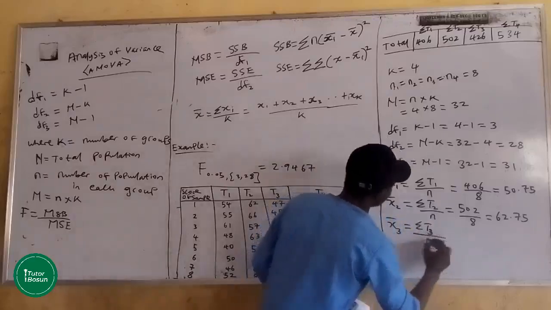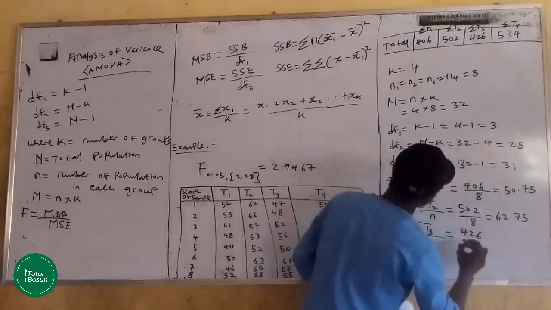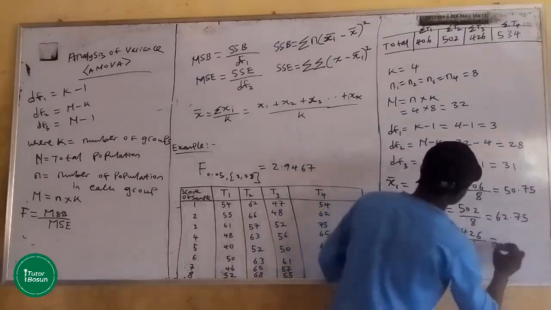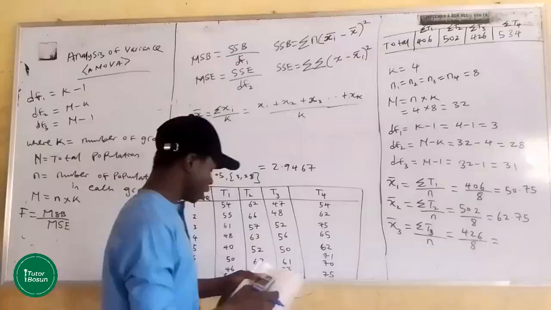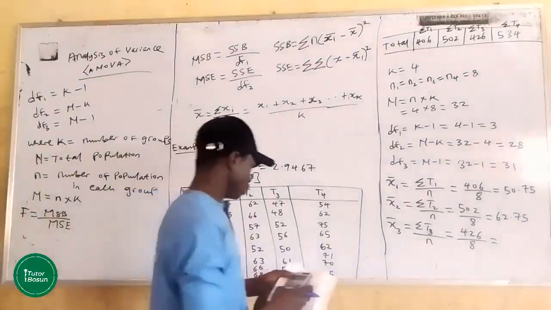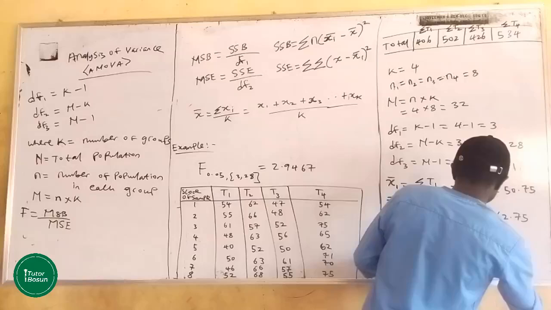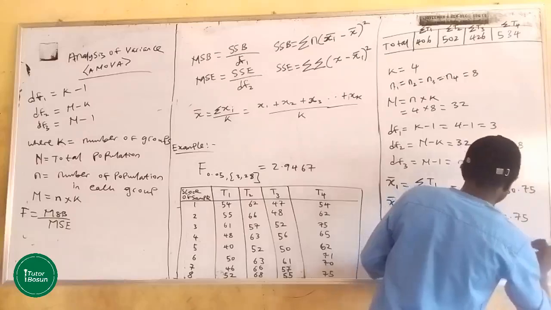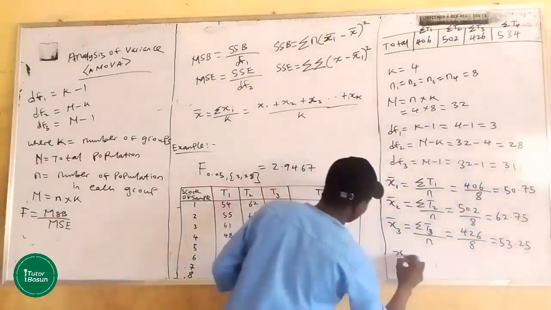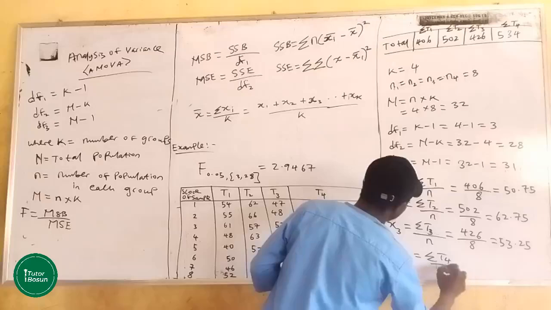Our X3 bar is summation T3 divided by n, which is 426 divided by 8, and that's 53.25. Then lastly, our X4 bar is summation T4 divided by n.